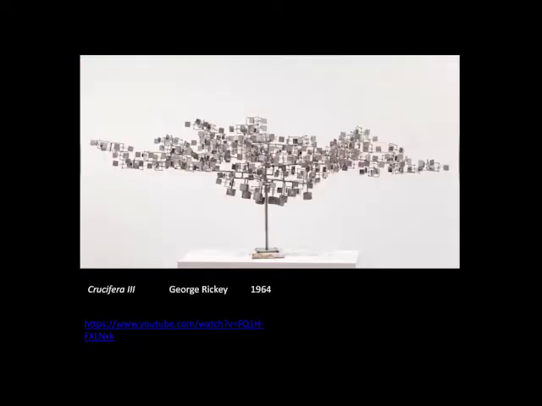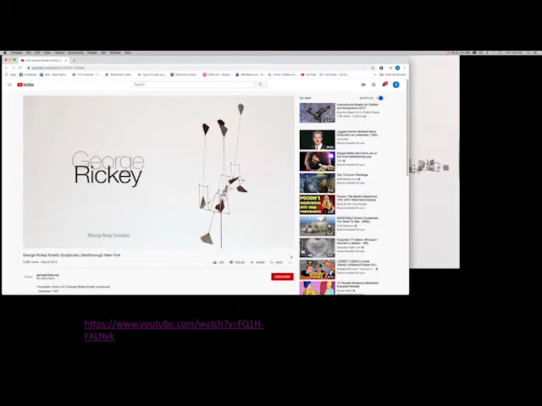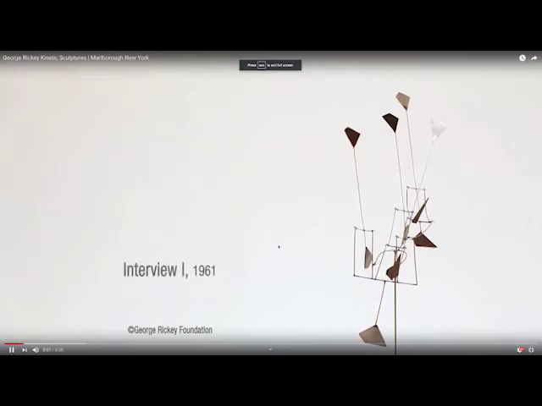Now, George Rickey, he was another pioneer of kinetic art, and I have a video here because looking at photographs of moving art that's not moving is terrible. So this is some of George Rickey's kinetic sculptures, much like Calder, wind-powered.